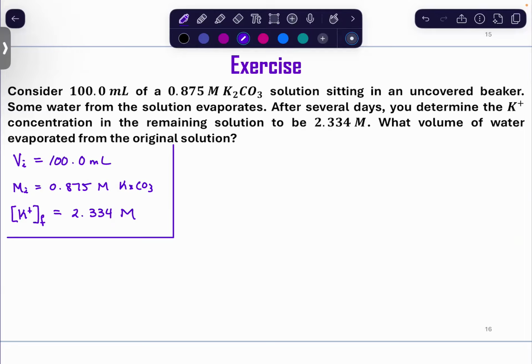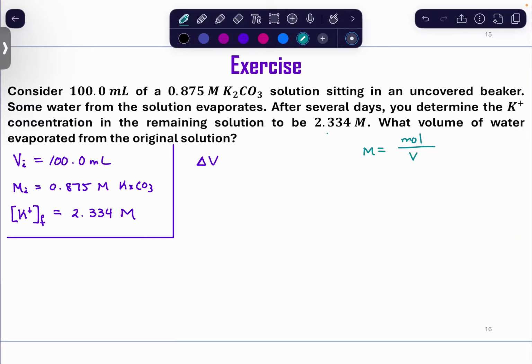What this problem is asking us for is the change in volume. If you see me switch to a different color, this would be something you wouldn't have to write down in an assignment. The reason I say this is asking for delta V is that we know molarity is moles over volume, moles per liter.